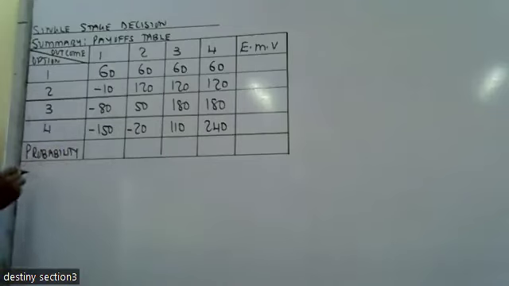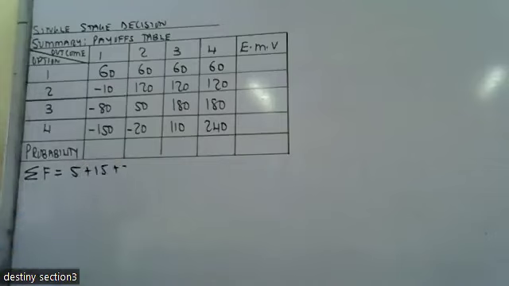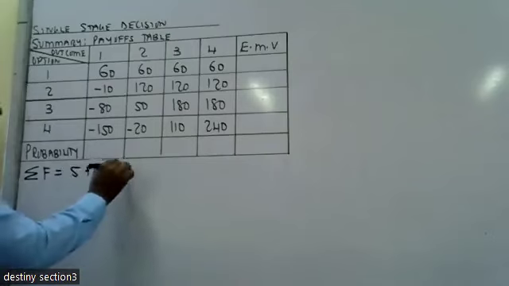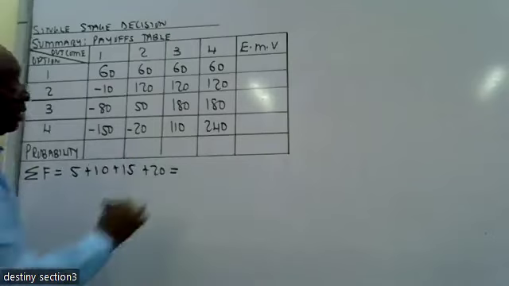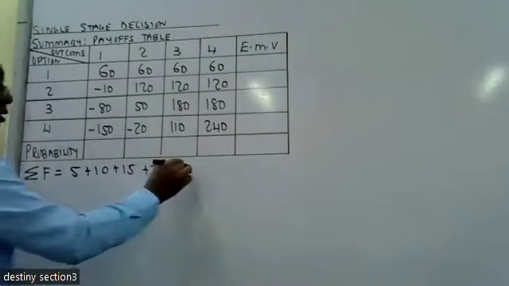So probability, first of all, let's get the sum of the frequencies. That question, the frequencies are 5, 10, 15, and 20. 5 plus 10 plus 15 plus 20, total yake ni 50.